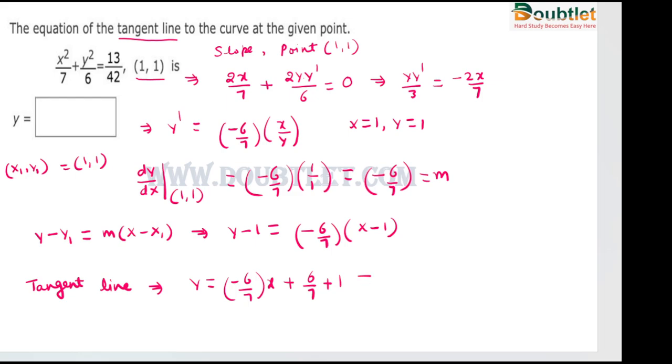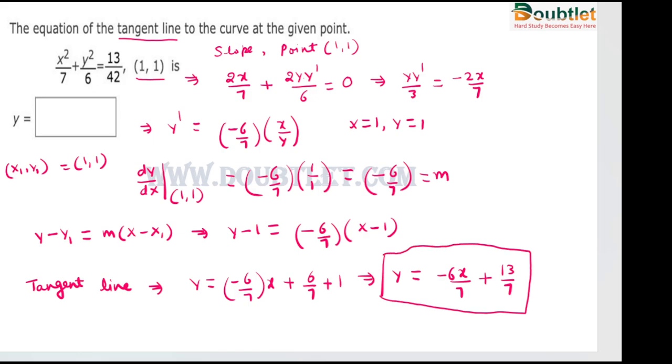So the equation will become y is equal to minus 6x divided by 7 plus 13 divided by 7. So this is the final answer of equation of the tangent line.